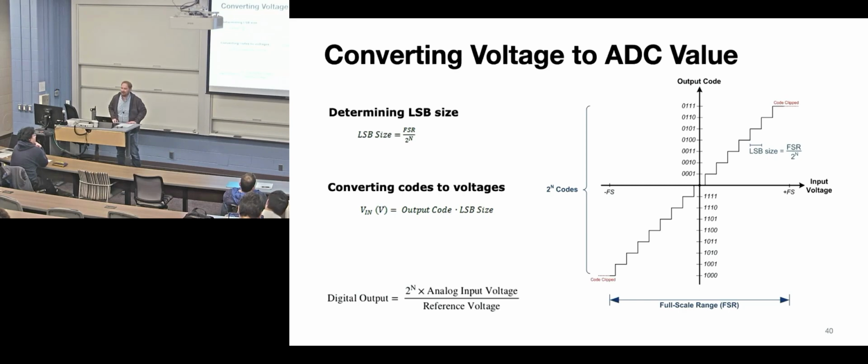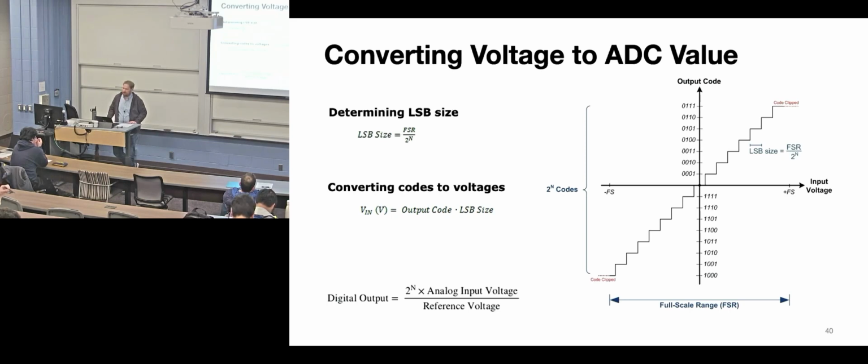Yes? So for converting the output code to the analog voltage, if you had, let's say, 3 bits and the code is 7, the maximum, should the output be the reference voltage in that case?